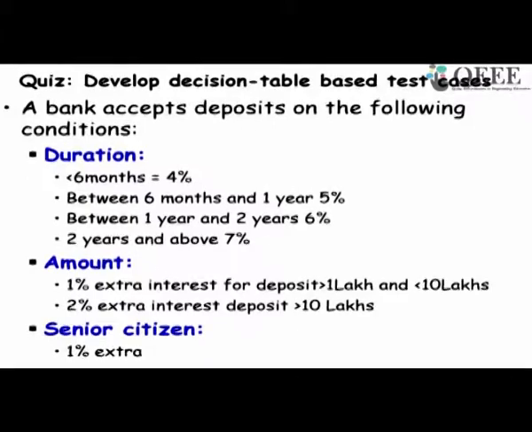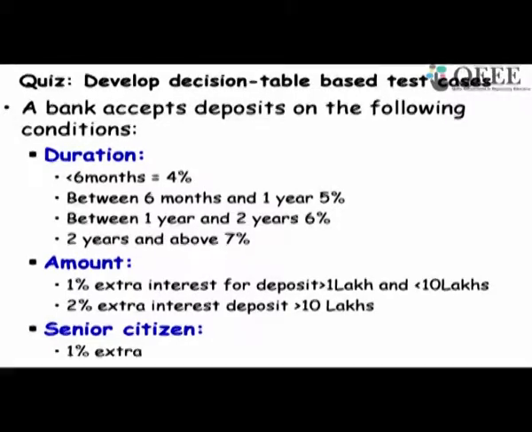And in addition, if it is a senior citizen, you get 1% extra for each slab. So how do we develop the test cases for this? To develop the test cases, we have to first do the decision table. So please try to draw the decision table for this. I will display the solution so that you can check out.